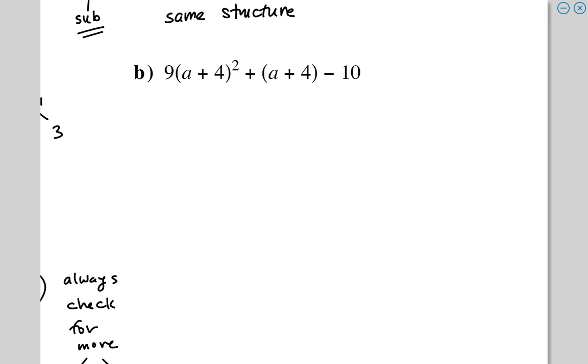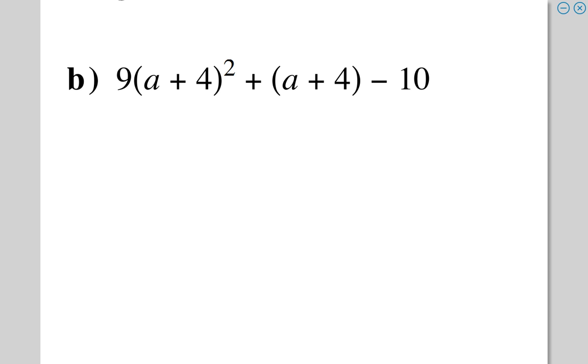Last one. What letter are we going to use? Z? Q? G? Use whatever you want. Apple. Draw an apple every time.